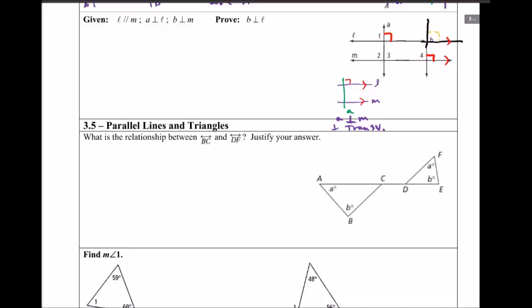All right, so it lets us put that in there. So I'm going to come up to my diagram and add that on. So now I'm going to change to line A and line B, and then I am going to put in transversal M.